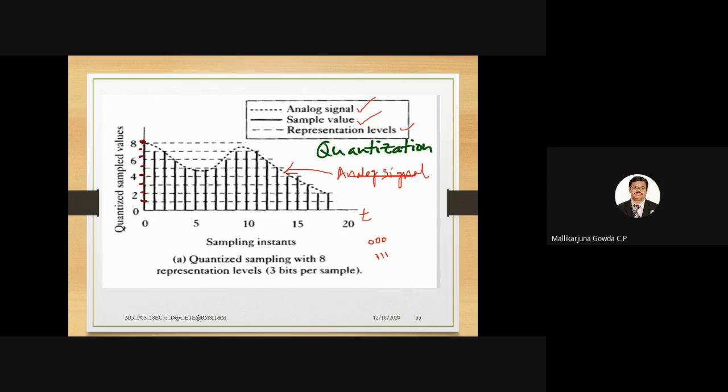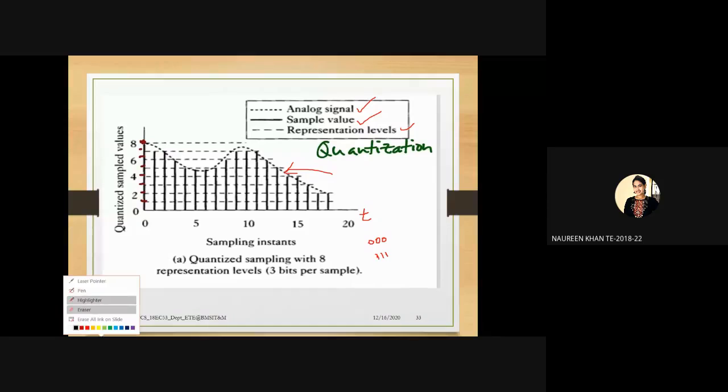I'm asking, because this is very, very important. So which are the pulses? I will tell that. The first step is sampling, the second step is quantization, the third step is encoding, right?